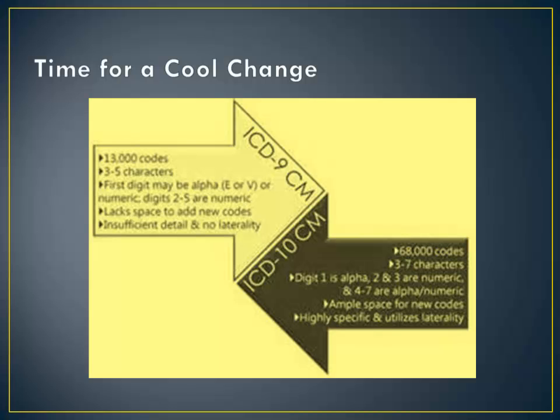So ICD-10-CM, and there's quite a few differences listed here on this slide where you can take a look at what those common differences are. ICD-10-CM actually allows a coder to code to a much higher level of specificity.